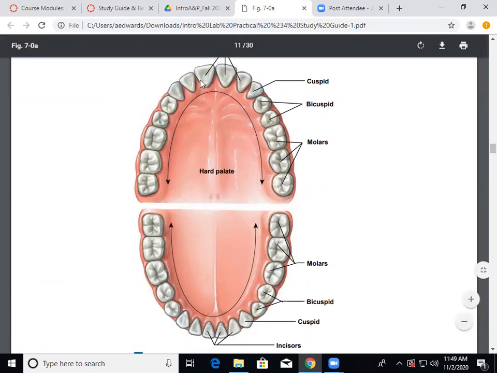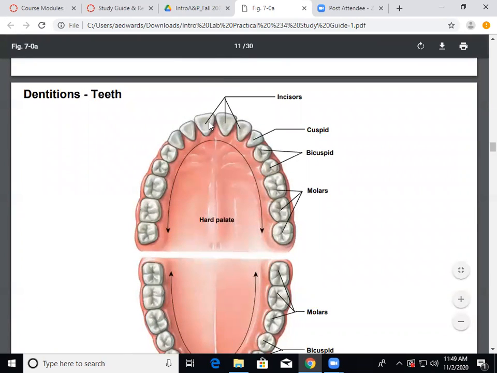Now, for your front teeth, we typically call those incisors, and they are typically for cutting and tearing apart food. Just lateral to the incisors are the cuspids, and lateral to those we have the bicuspids, and toward lateral and posterior are your molars. Molars are typically at the back of your mouth.